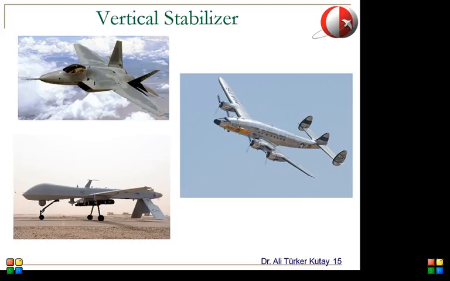Also, a large stabilizer will create more drag force. Drag force is the one that you need to overcome with the engines. So if you have a larger drag force, that means you will have to burn more fuel. It will be more expensive to fly. So if this airplane could have a single vertical stabilizer instead of two, as you see in that figure, it would have to be larger, and having a larger vertical stabilizer is not something you want.